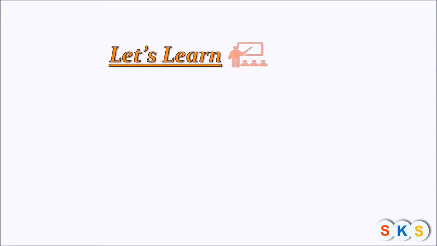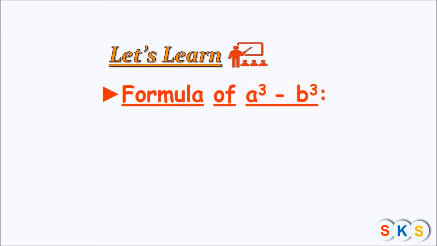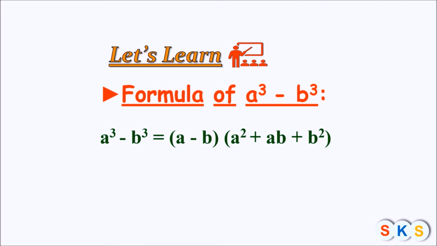Let's learn formula of a cube minus b cube. And here we have a formula of a cube minus b cube. A cube minus b cube is equals to a minus b into a square plus ab plus b square. You have to learn this formula.